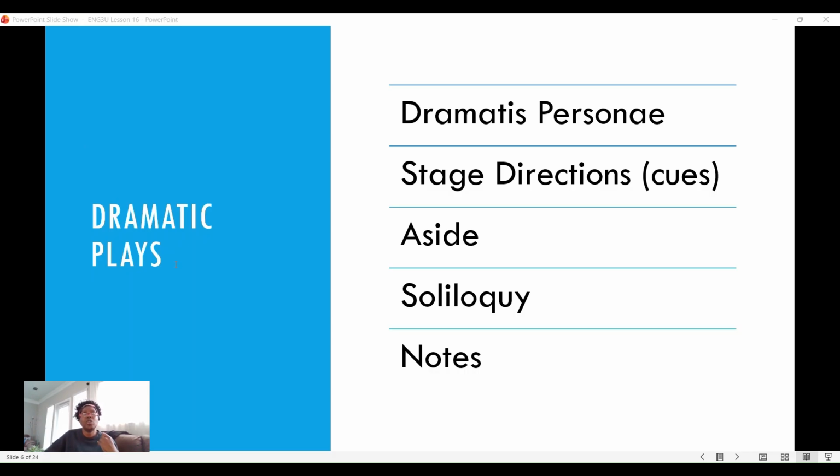It may be used as slang or jargon or something like that. And so it's important to understand what they mean with a particular word.